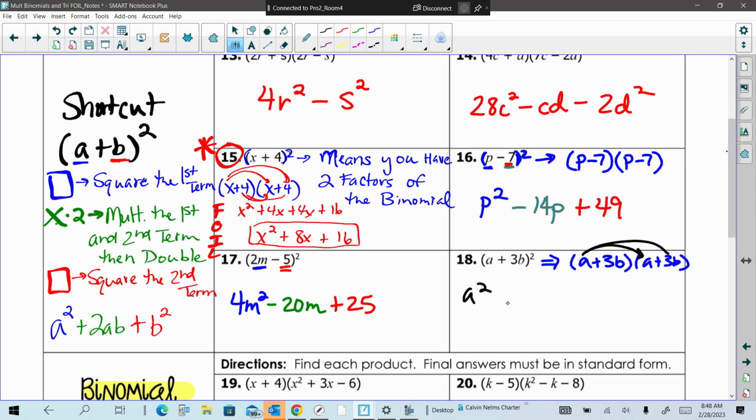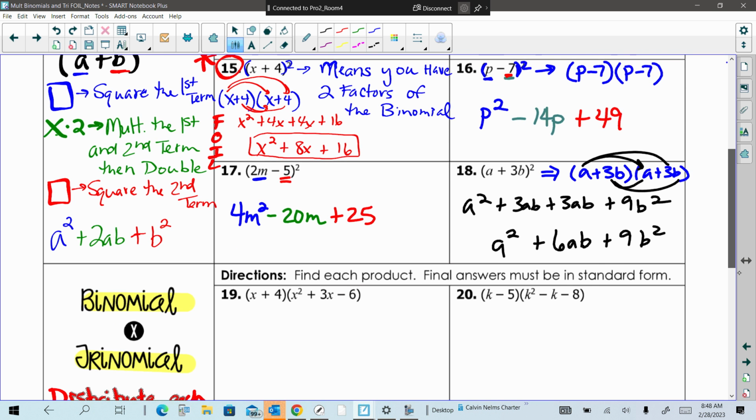Outer term, what is it, plus 3ab. Inner term, plus 3ab. Last term, plus 9b squared. So it gets you to the same answer. This ends up becoming a squared plus 6ab plus 9b squared. Okay.